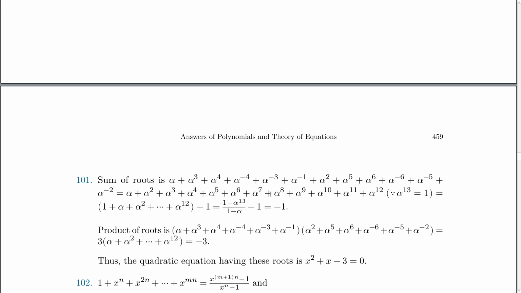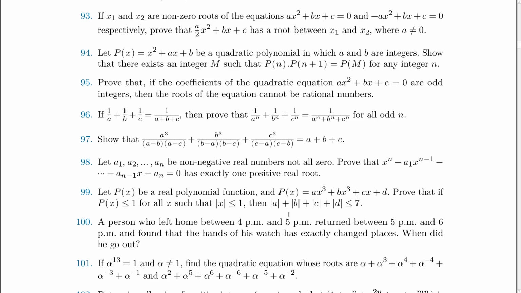Now this sum basically becomes minus 1, because alpha to the power 13 is 1. Let me look at the question carefully. We have powers of alpha from alpha to the power minus 6 up to alpha to the power 4.